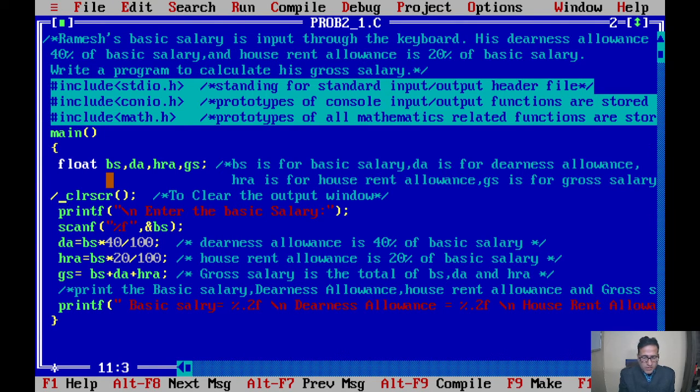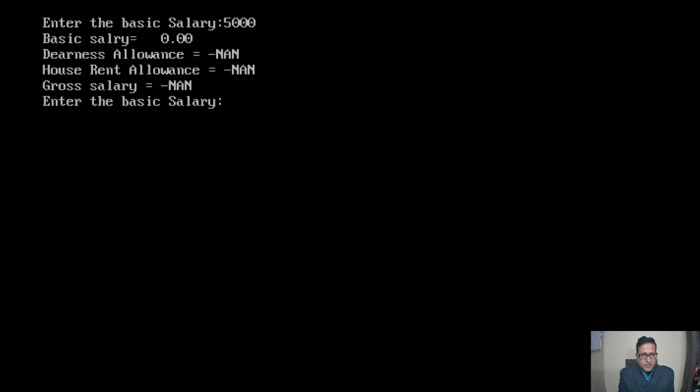we can comment this clear screen, because it is the first program, and we should remember that nested comments cannot be used, so only one comment. So again try it.